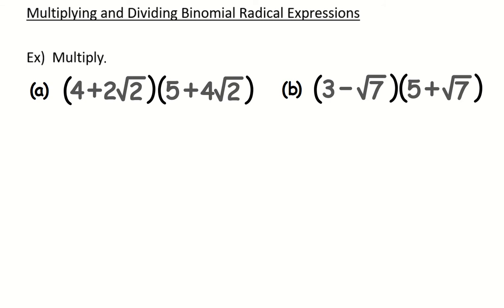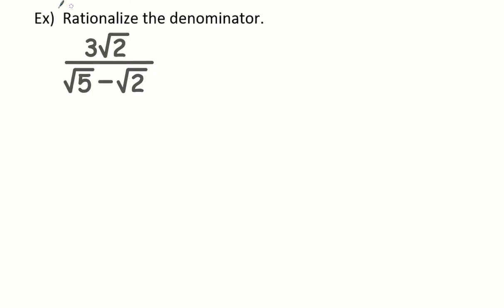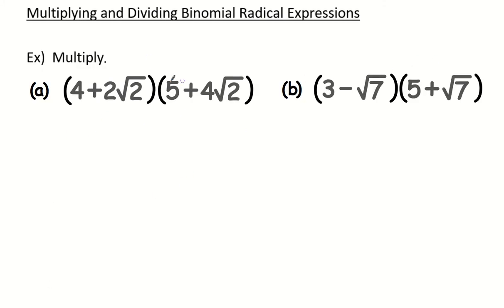I do want to focus on this stuff. And a little more later, I want to focus on this, and I want to focus on the next chapter of rationalizing denominators, like the next level, maybe I should say. So check this out.